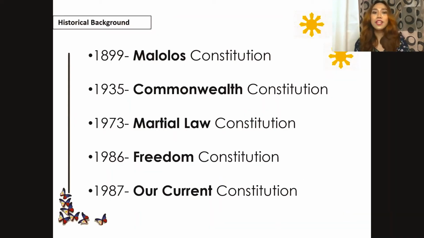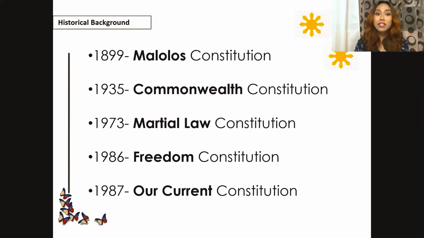If you can see on your screen, this is a timeline of the constitutions that governed the Philippines throughout our history. The first constitution that we had was the 1899 Malolos Constitution.